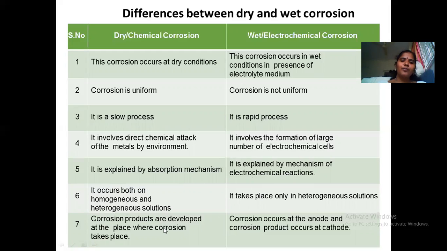In dry corrosion the corrosion products are developed at the place where the corrosion takes place, but in electrochemical corrosion, the products are deposited on the cathode. So that we are using that word. Always, when two dissimilar metals are connected, the one which is acting as anode will undergo corrosion, and the one which is acting as cathode will always be protected.